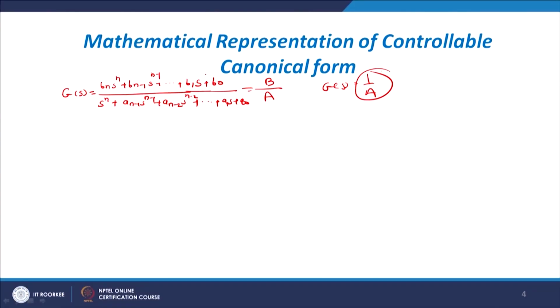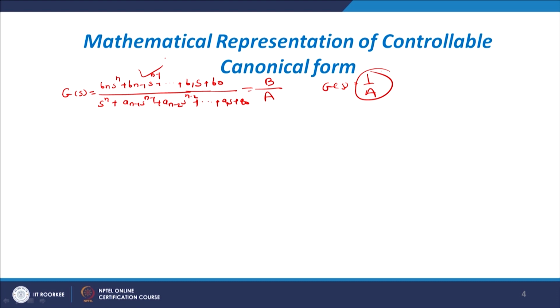We will use the concept which has been used earlier. That means whatever we did last time, we will take into account, and additionally we will consider the effect of these zeros, or the numerator.